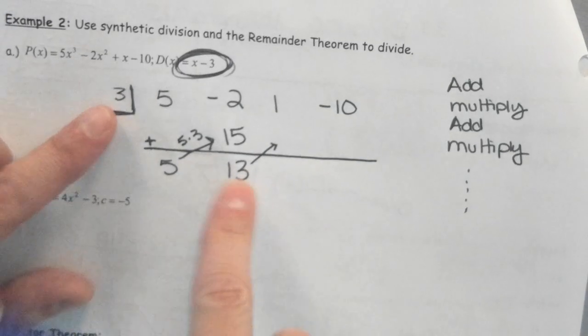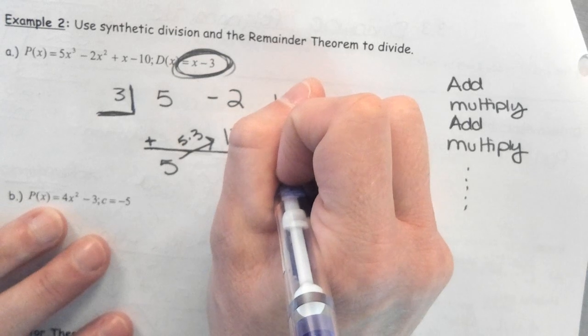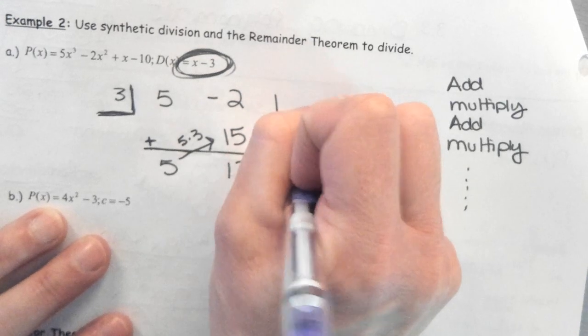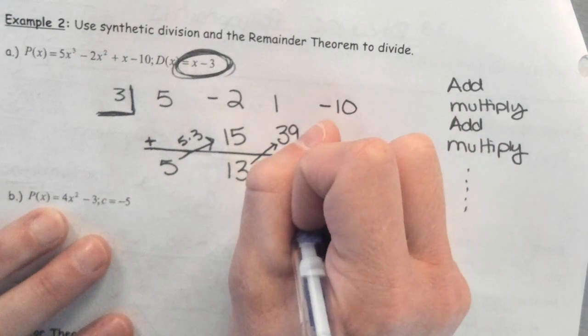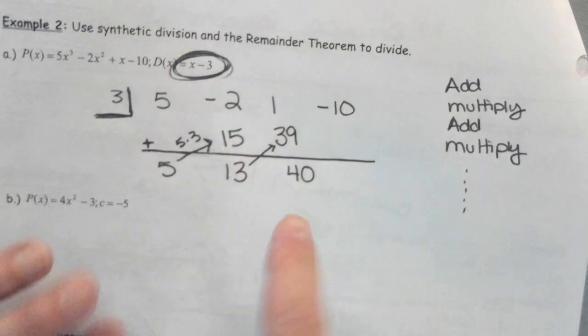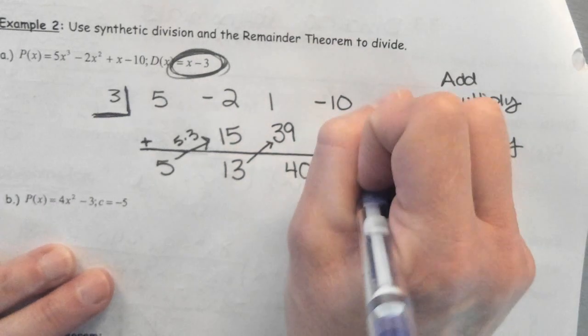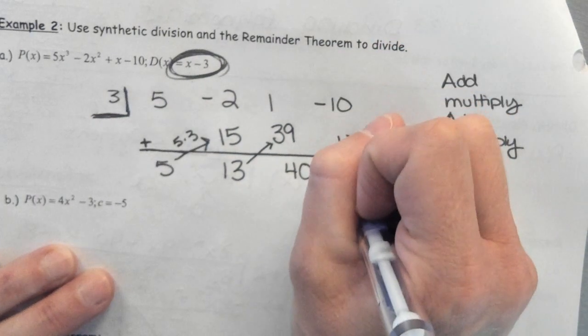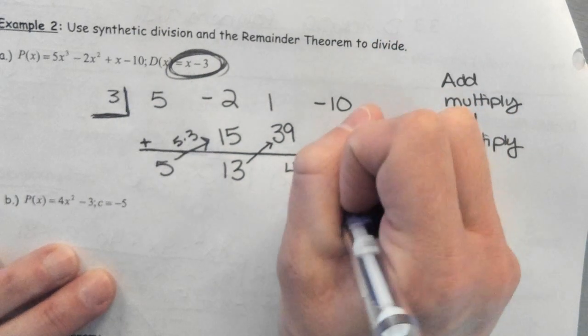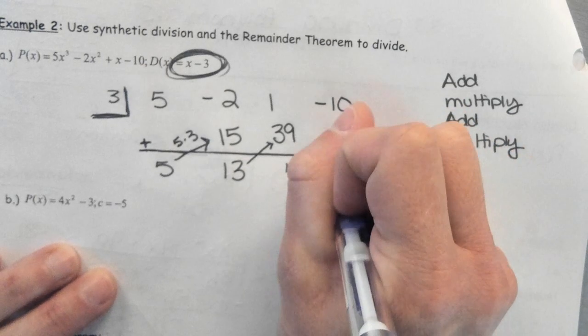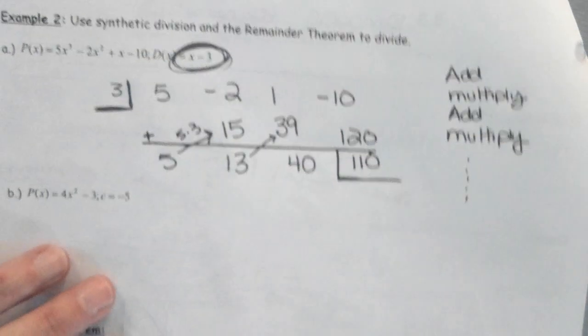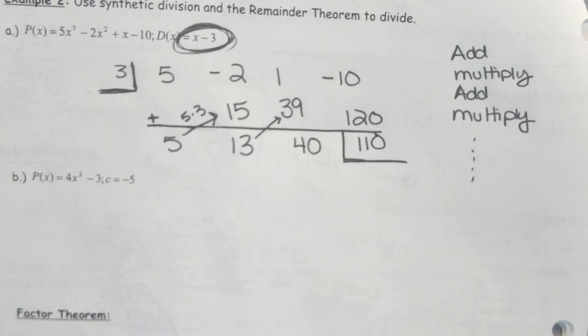So I'm going to do 13 times 3, which is 39. 1 plus 39 is 40. 40 times 3 is 120. This adds up to 110. And typically we take our last number and we also put it on the little ledge as well. Do you have to? I mean, no, but I'm going to.